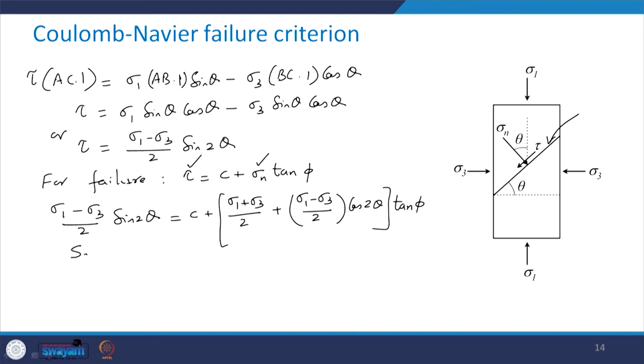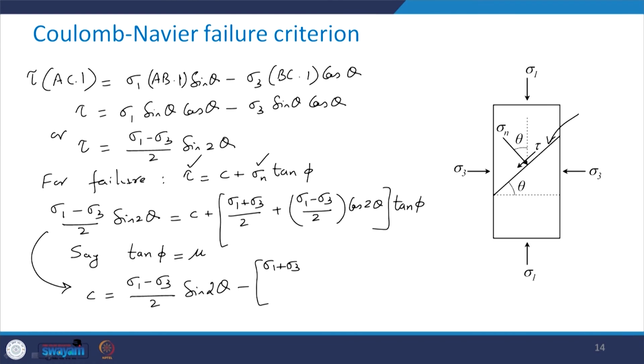Now say I represent this tan of phi with a quantity mu. So from here what I will be able to get is C is equal to sigma 1 minus sigma 3 upon 2 sine of 2 theta, minus sigma 1 plus sigma 3 upon 2 plus sigma 1 minus sigma 3 upon 2 cos of 2 theta, multiplied by mu.